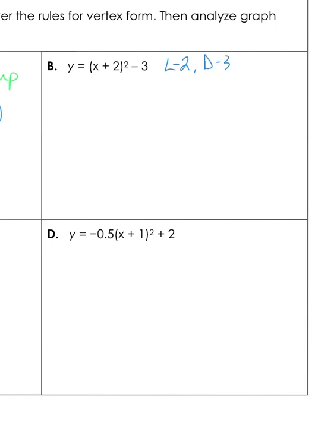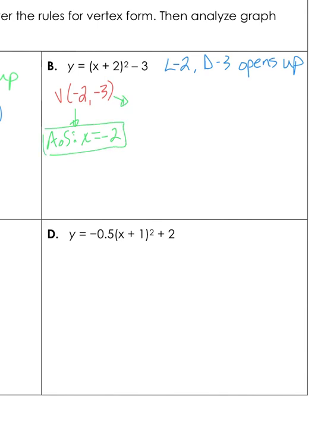I know that this parabola opens up because a is positive 1 right here. I know my vertex is the opposite of this and the same as this. So my vertex is negative 2, negative 3. From the vertex, I get the axis of symmetry, which is x equals negative 2.